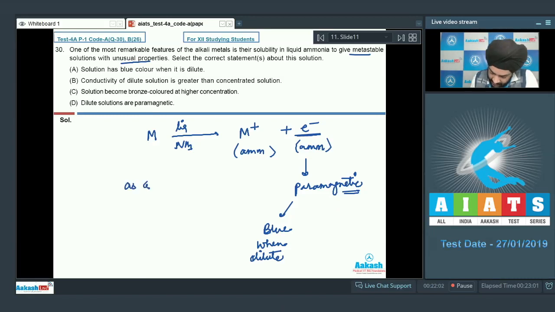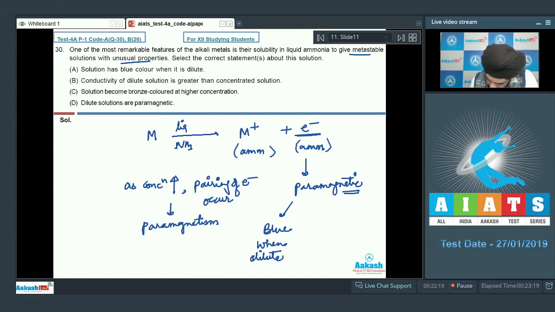So as concentration increases, pairing up of electrons happens and paramagnetism decreases. And the color is converted into bronze color.